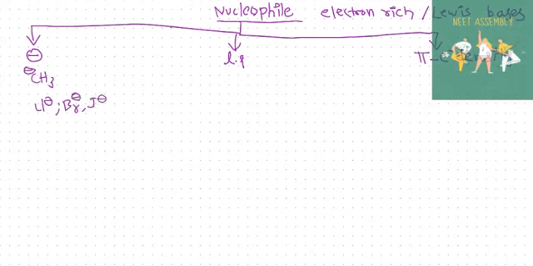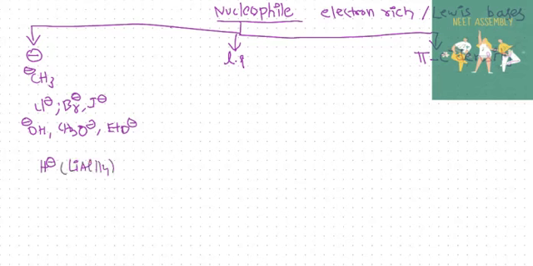All these are nucleophiles with a negative charge. One more is H minus. Hydrogen has a negative charge and a pair of electrons it can donate. This H comes from lithium aluminum hydride or sodium borohydride.